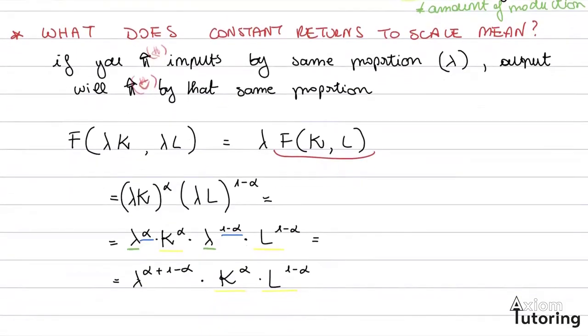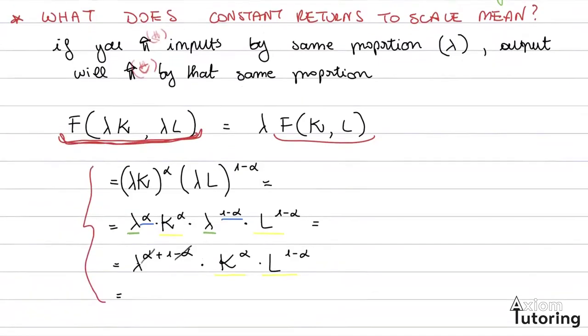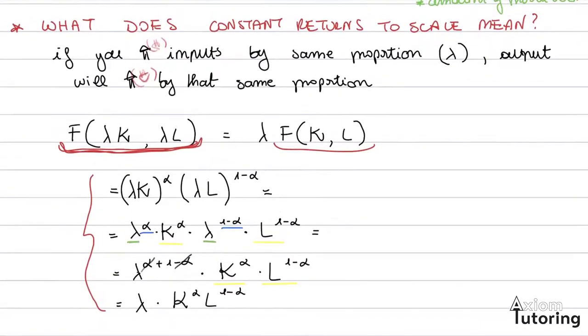Look at what happens here: alpha minus alpha is equal to 0. So our production function with its inputs scaled by lambda would be lambda times K to the power of alpha, L to the power of 1 minus alpha. And this part here is our original output function. We can call it Y to make our life easier.